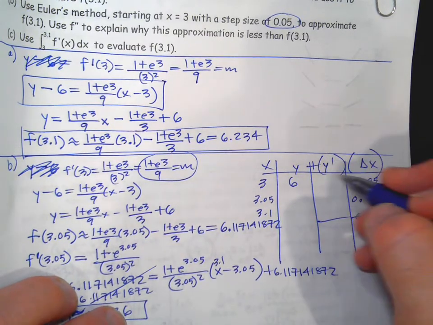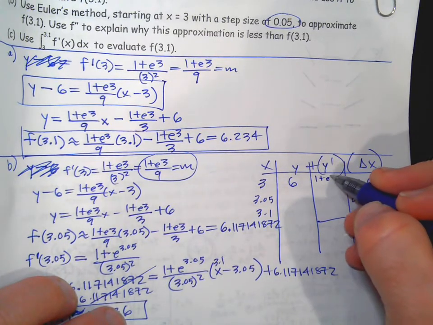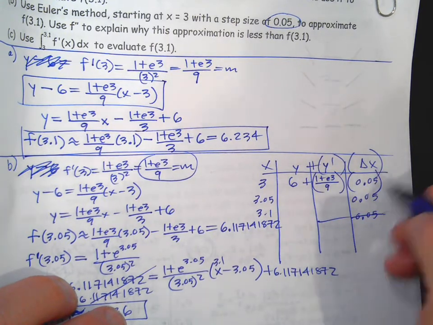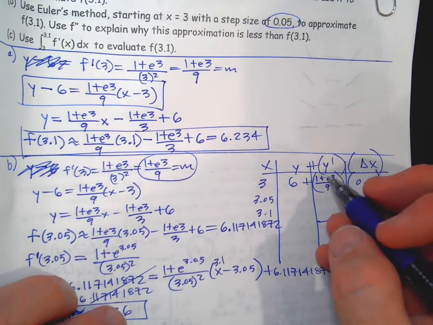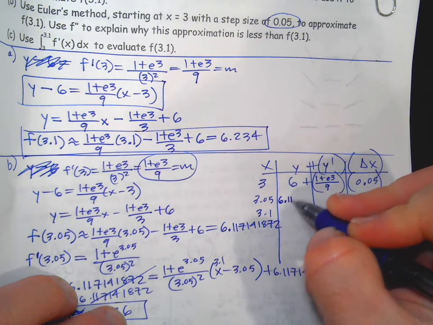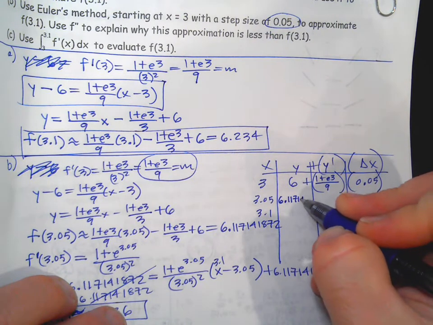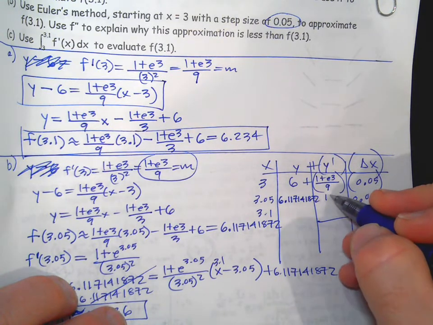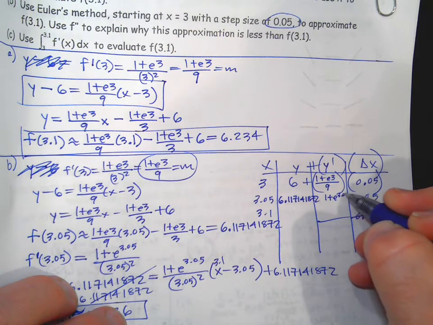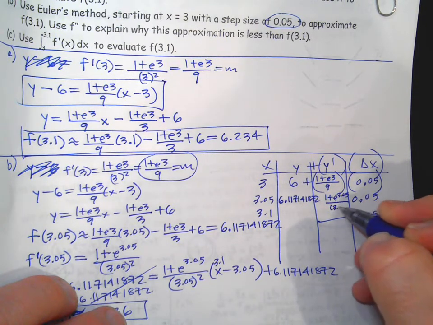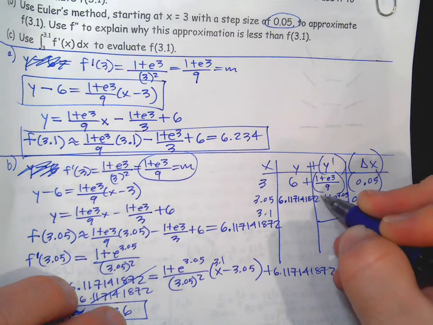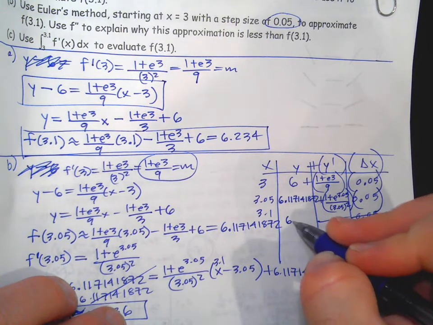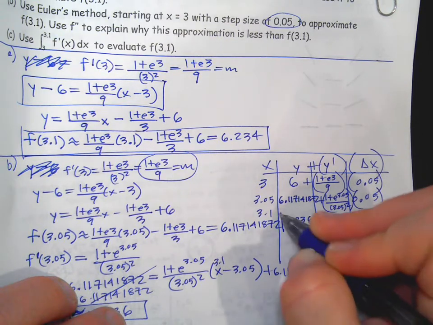So y prime in the first one is 1 plus e to the third over 9. It's going to be that plus that times that, which gives you a decimal, 6.1171411872. The next derivative is going to be 1 plus e to the 3.05 over 3.05 squared. So it's going to be this plus that times that, which is going to give you 6.236.